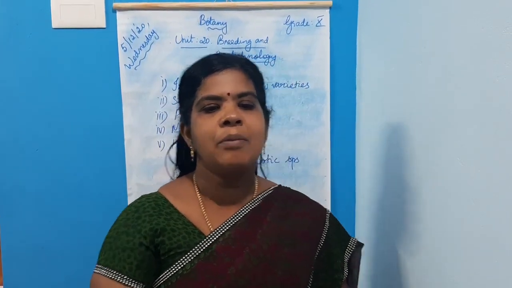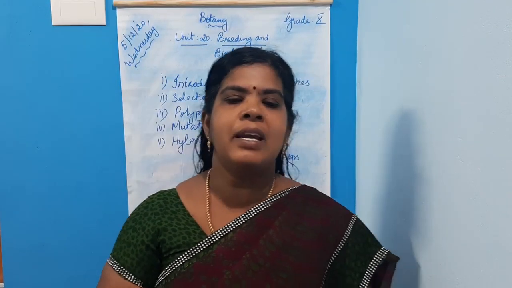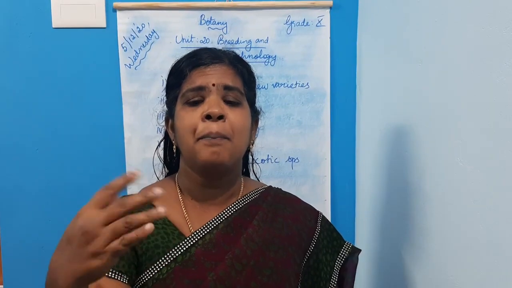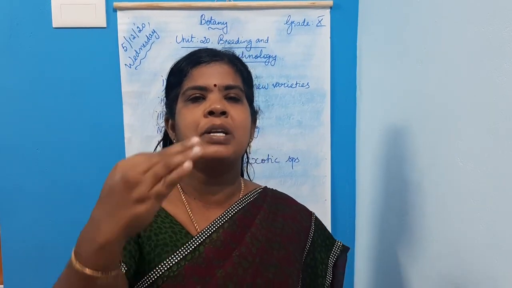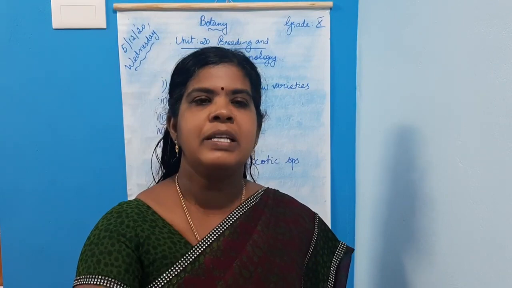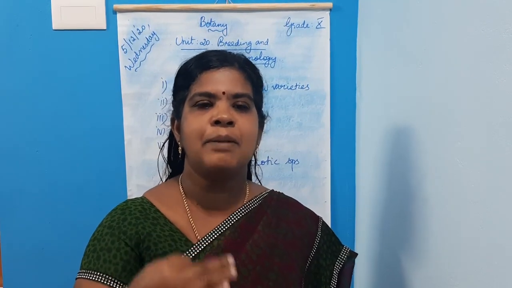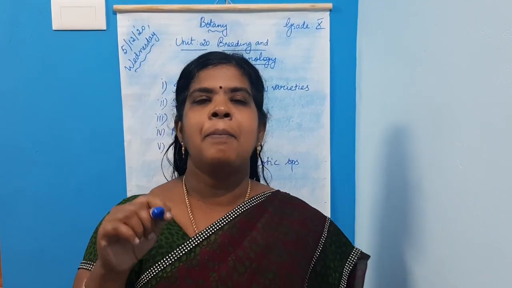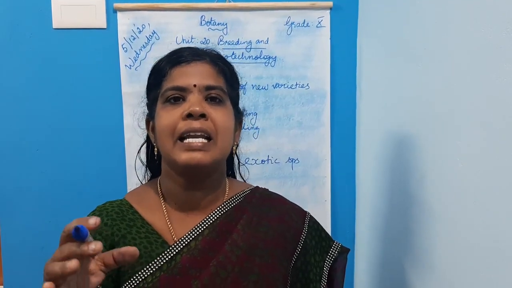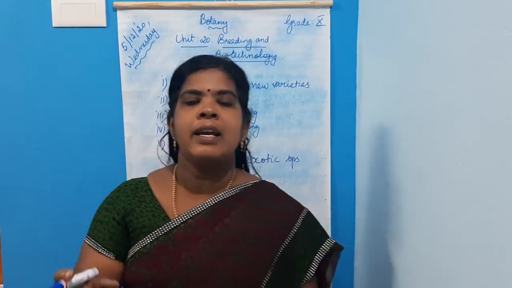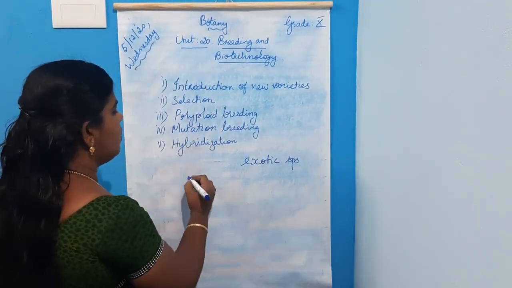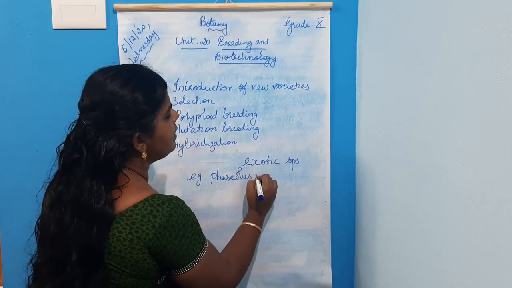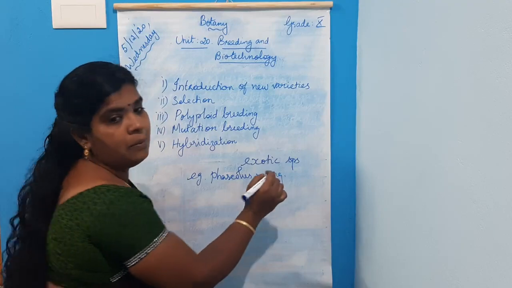Sometimes the plant material may carry pests or diseases. So before importing or introducing this plant material, the plants should be tested in a plant quarantine. That is a legal restriction. Example, Phaseolus mango. This mango variety was introduced from China.